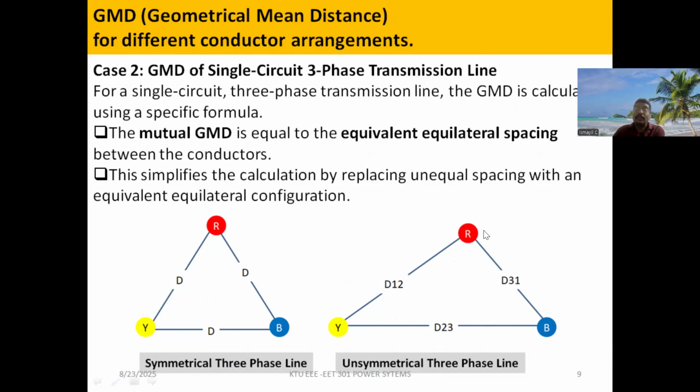Usually these distances are denoted by D12, D23 and D31. So in both cases, the mutual GMD is equal to the equilateral spacing between the conductors. We will see the formula for both cases in the next slide.